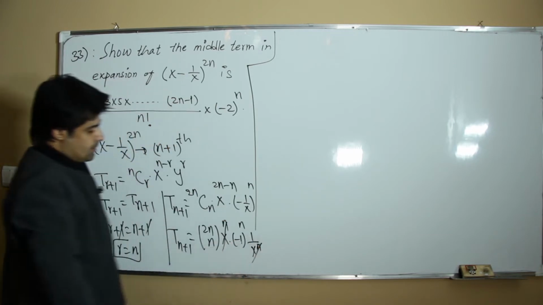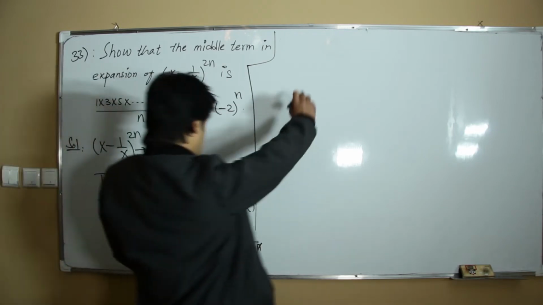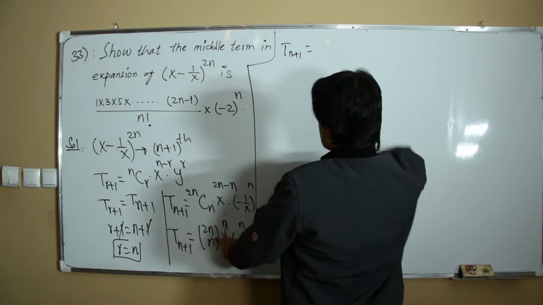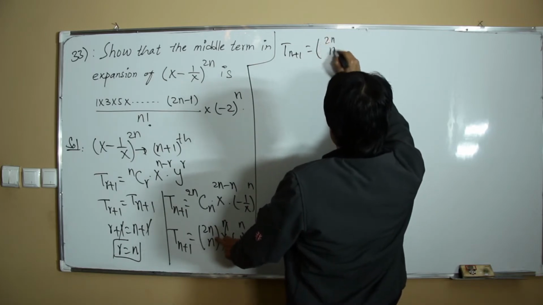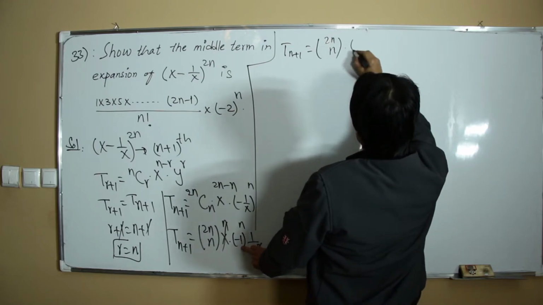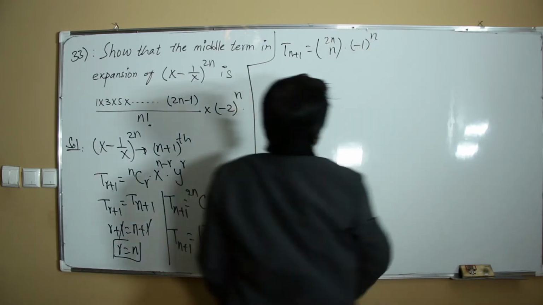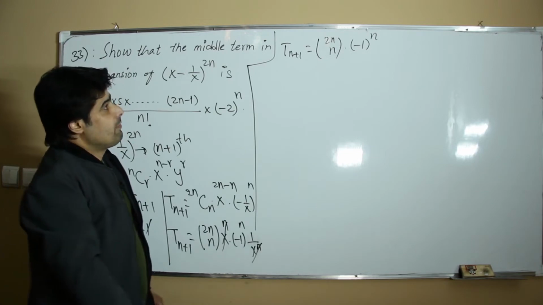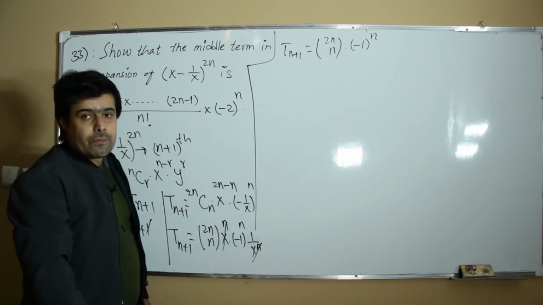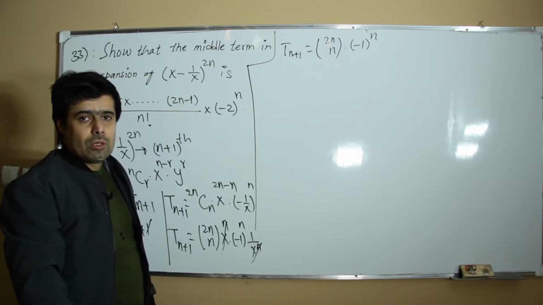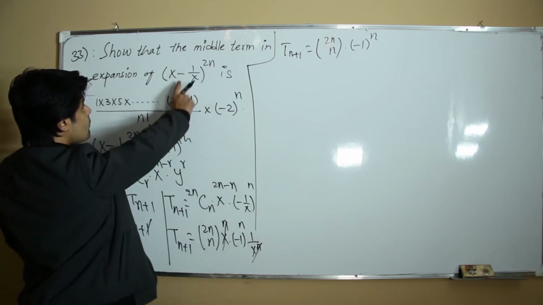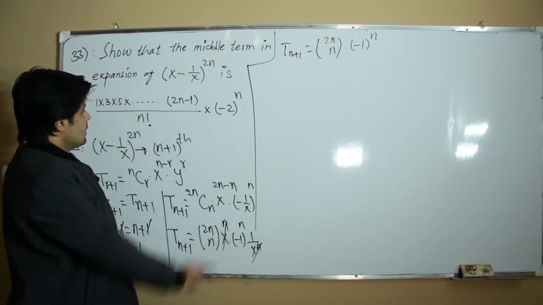This is cancelled. Now we have T n plus 1 equal to 2n C n times minus 1 raised to the power n. If we simplify this one, we will find the result. This means that we have proved that the middle term for this expansion is this expression.